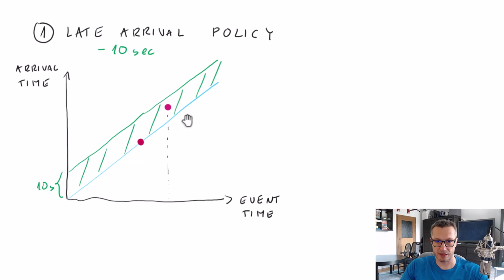There was some latency, we can see the latency here, but it was still within the boundaries that we are willing to accept. So this event will be processed normally. Great. But what if we have an event, let's say, like here, which was received way too late compared to the time it was generated?